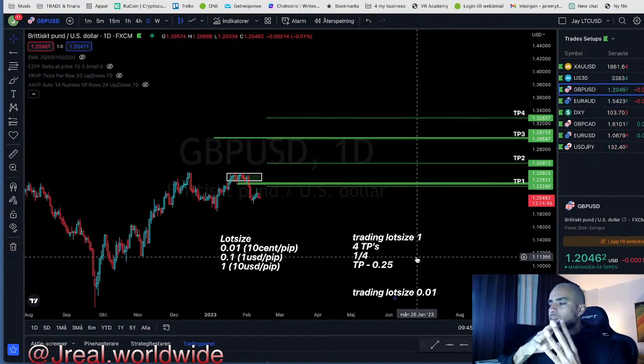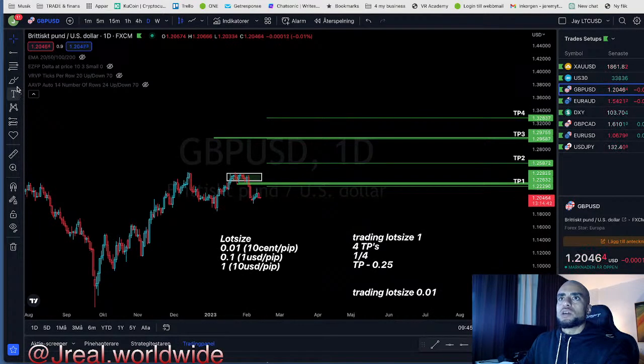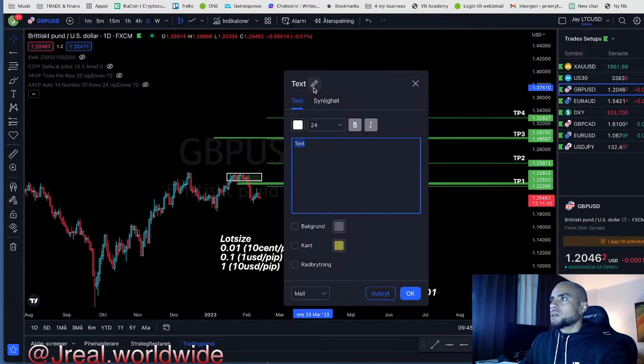So you don't want to leverage higher than 200. Now you can have a leverage of 1,000 or whatever you want, I don't decide.